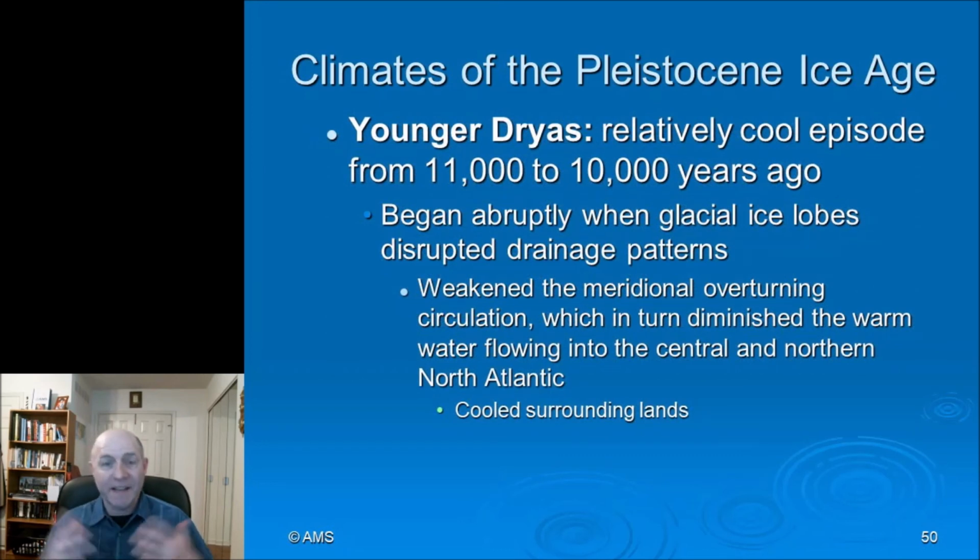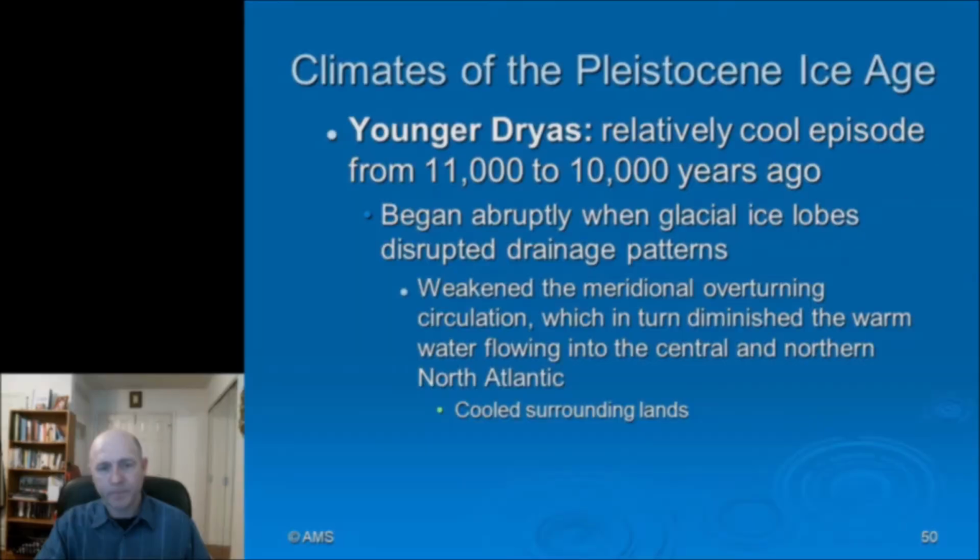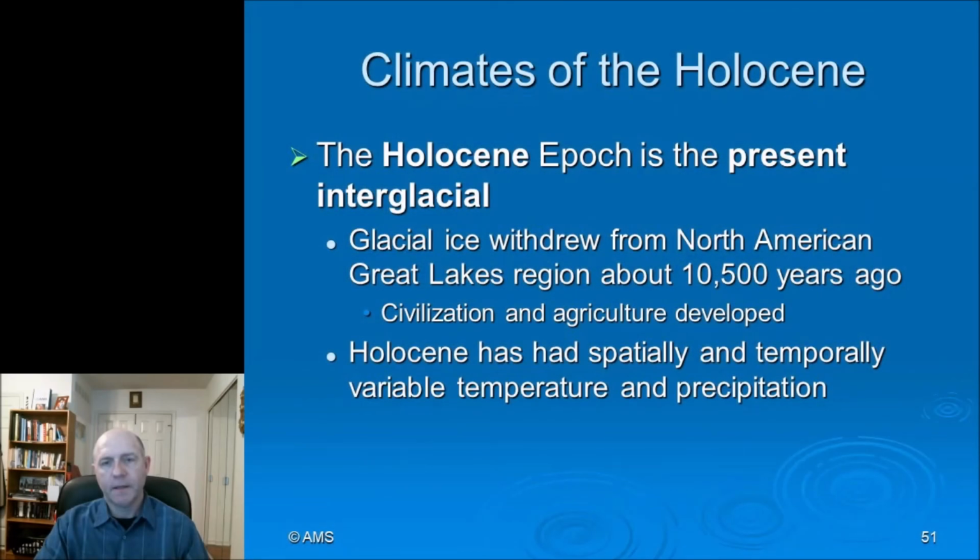Since the ice age, if you will, ended 15,000 years ago, there have been a few relatively warmer and cooler periods. The Younger Dryas was a relatively cool episode 10 to 11,000 years ago when the glacial ice started to change drainage patterns, weaken ocean currents. That changed the distribution of energy. But then as we came out of the Younger Dryas, we started seeing civilization as we know it begin to develop.